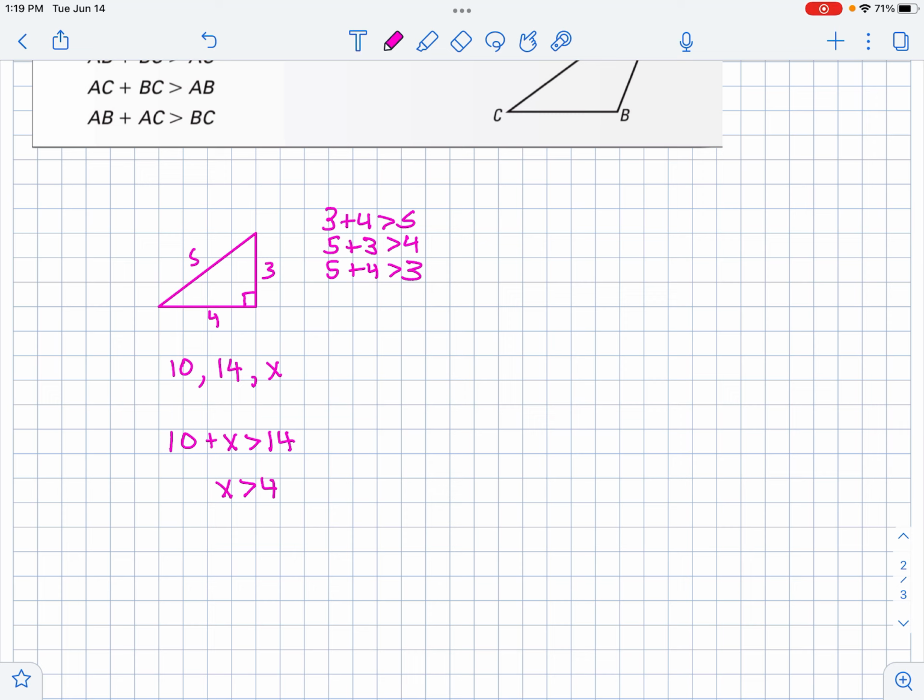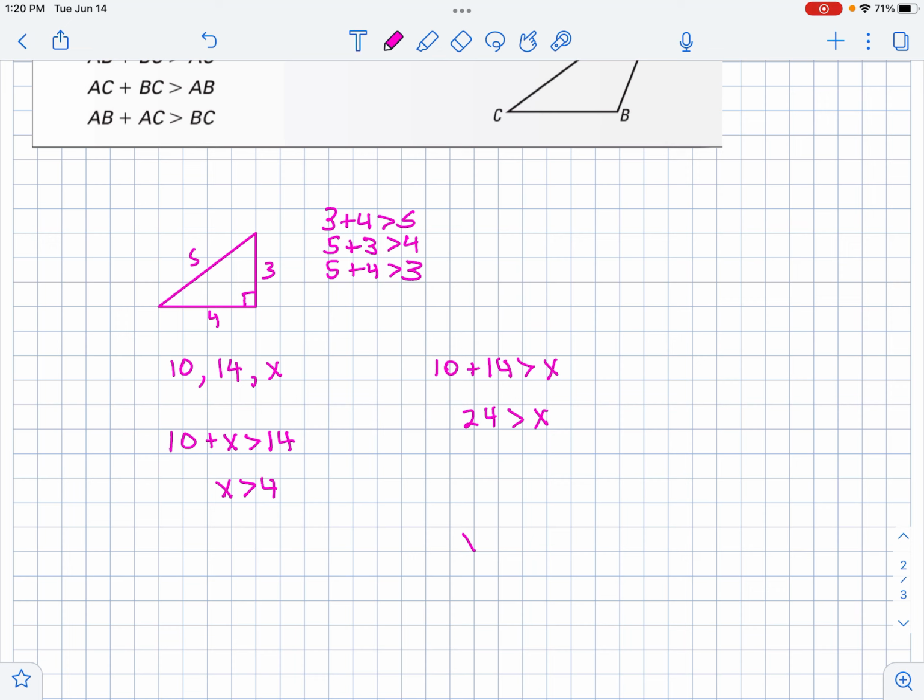Now, let's go the other way. Let's look at this. 10 plus 14 has to be greater than x. Okay, so this is 24 greater than x. Now this means that x has to be less than 24.